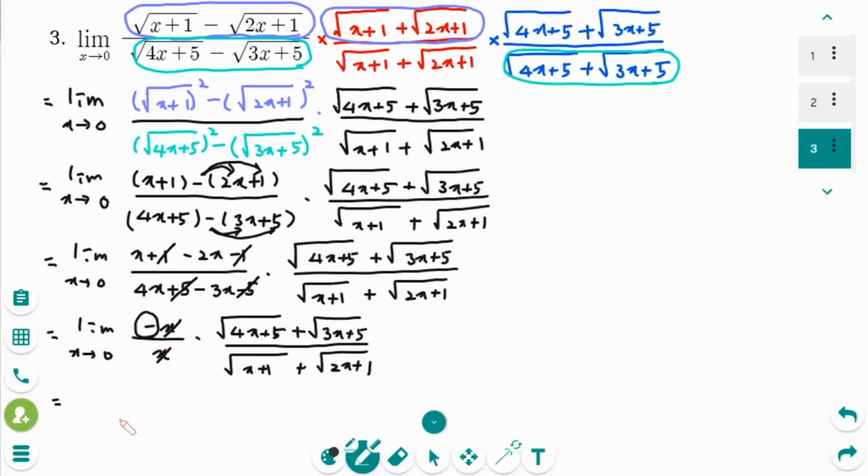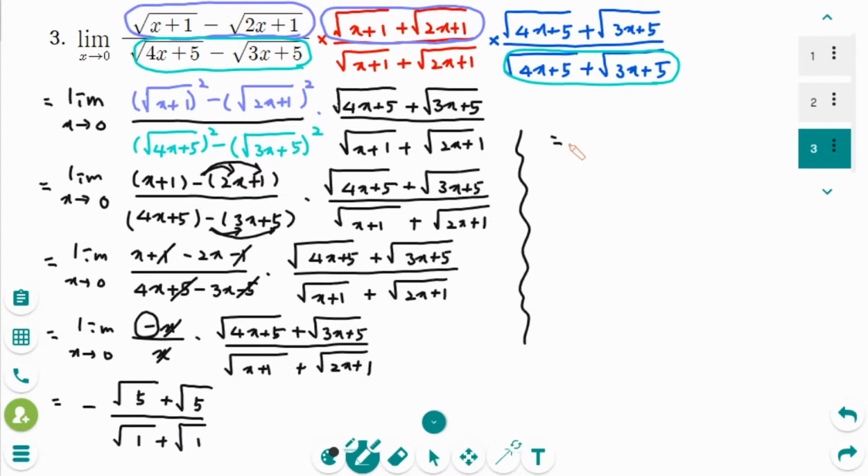Its minus is here, so minus square root of, when x equals 0, square root of 5 plus square root of 0 plus 5 is 5 over square root of 0 plus 1, which is 1, and then minus, this is 2 square root of 5 over 1 plus 1, which is 2. Cancel out. So the final answer is minus square root of 5.